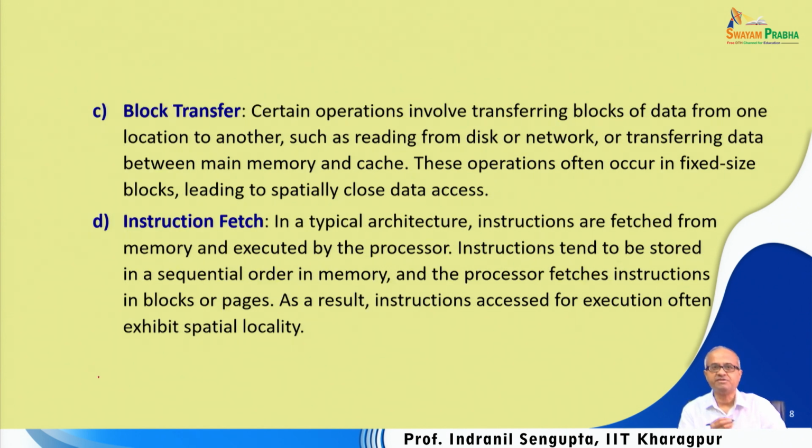There can be other reasons also. Many computer systems have an instruction for block transfer, or you may need to do block transfer for various purposes. For example, when you read some data from a disk, normally you do not read one byte at a time, but rather an entire block of data gets transferred from the disk into memory.